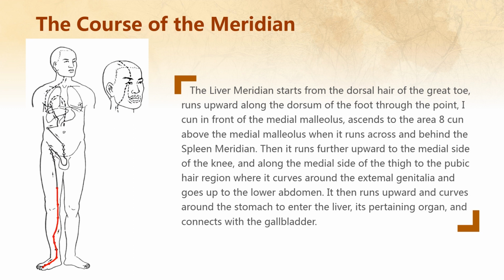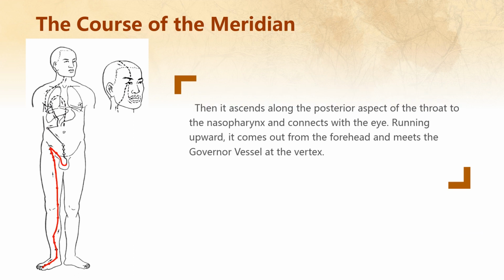It then runs upward and curves around the stomach to enter the liver, its pertaining organ, and connects with the gallbladder. Then it ascends along the posterior aspect of the throat to the nasopharynx and connects with the eye.